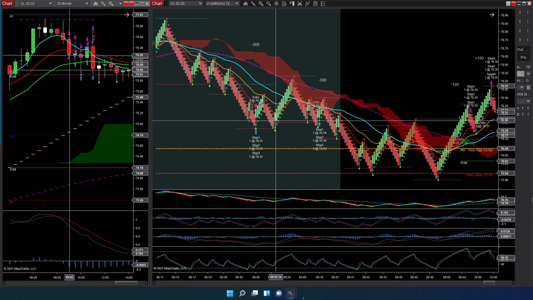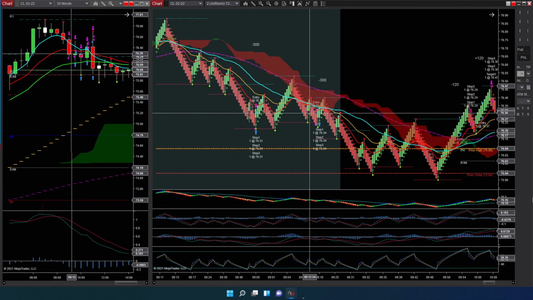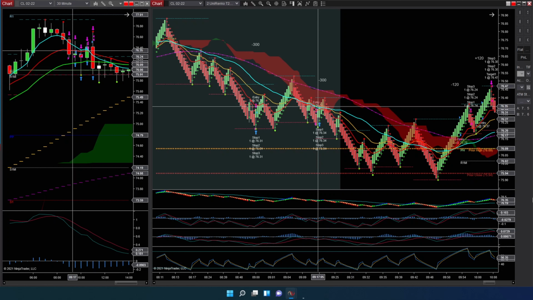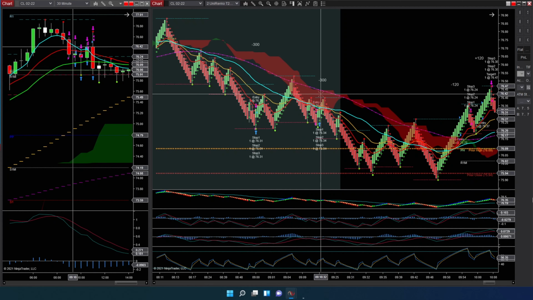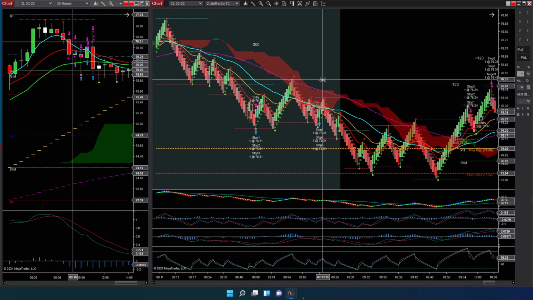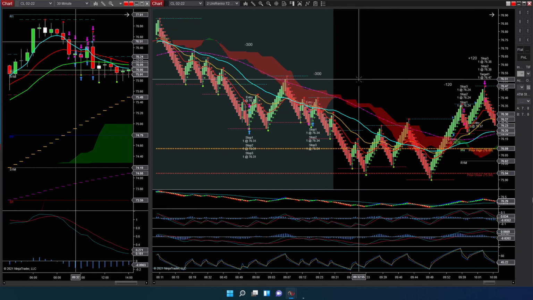Then the market tried to make a move, went into the cloud, then made a wick out of the cloud, and I took that break over there, and it reversed on me again. Pretty frustrating. It was in this range. So another $300 lost there.